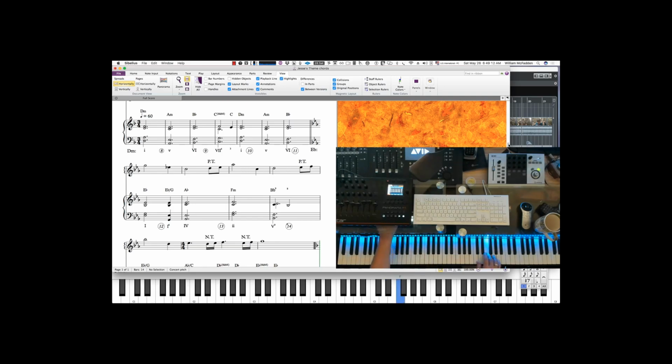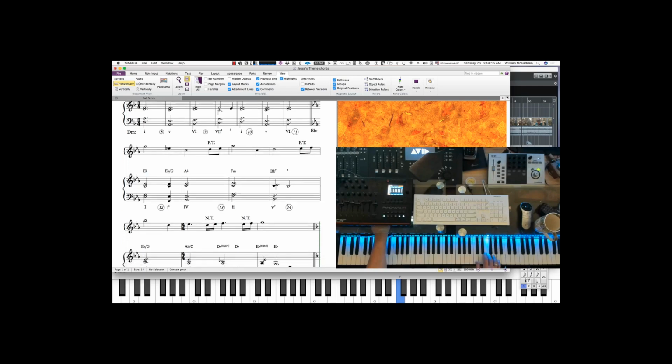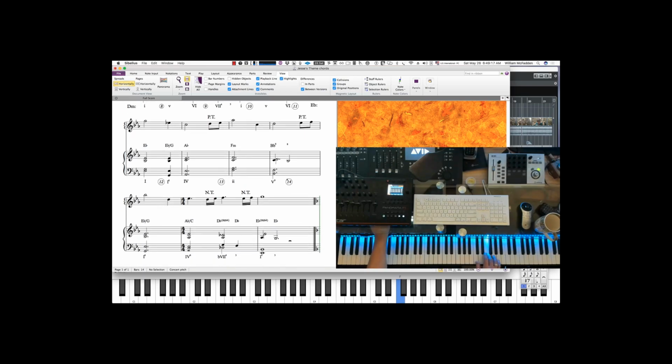And then in measure 12, B flat is a chord tone of E flat. So here we have a non-chord tone. It's not a passing tone or neighboring tone.